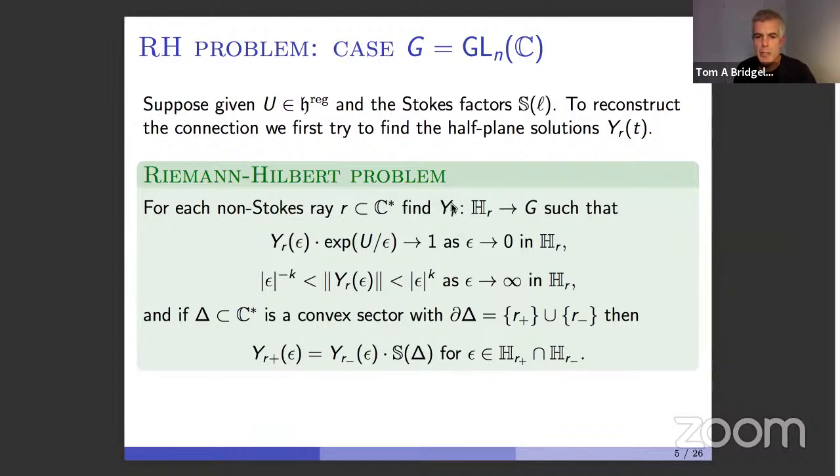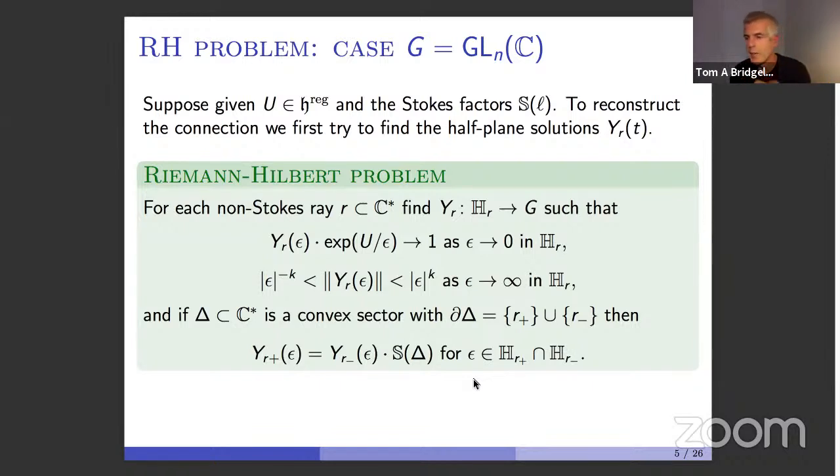Imagine defining a single function where I define it to be equal to YR on the ray R. Then you will have these asymptotics, but it will be discontinuous across the rays, and it will precisely jump by the Stokes factor as you move across the ray. That's a good-looking problem because we basically have prescribed the jumps and the behavior at 0 and infinity.